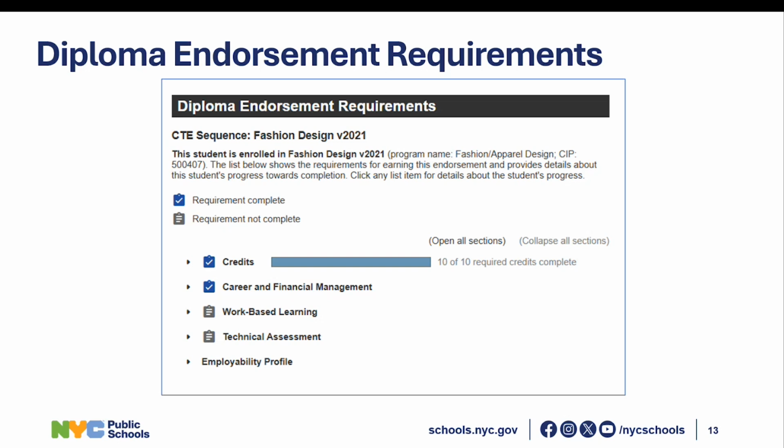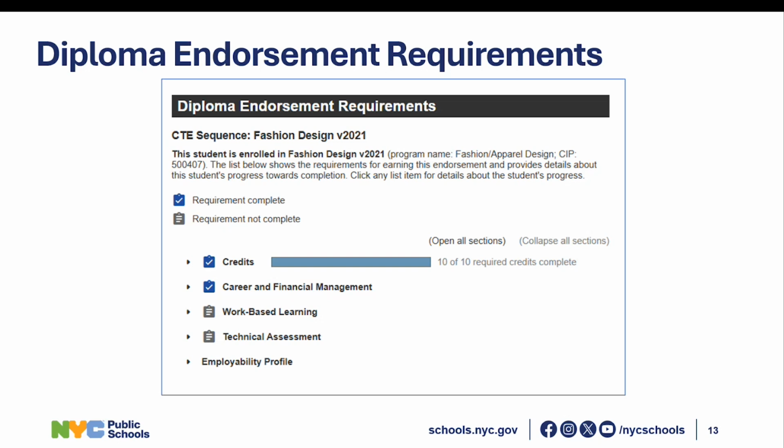Each section can be opened up or collapsed. Right now they are collapsed, but they can be opened up to view more details in that section, which we'll do in a minute. Most sections monitor the completion of these requirements.